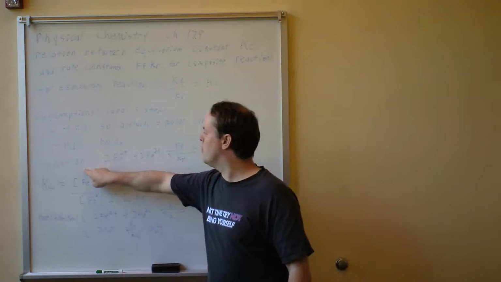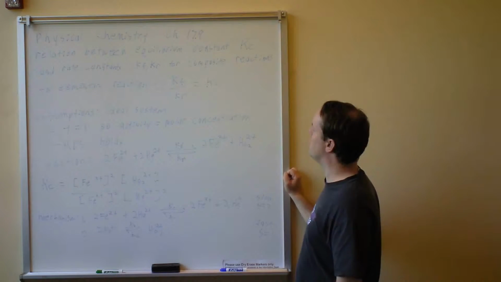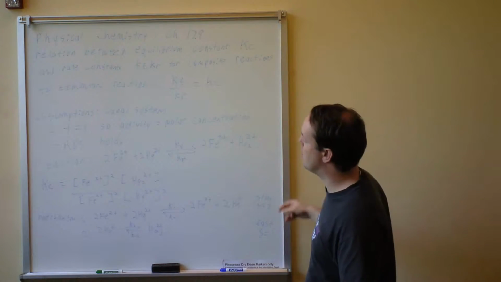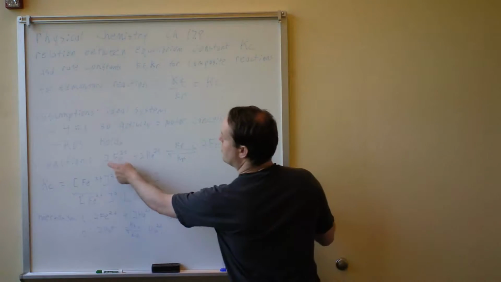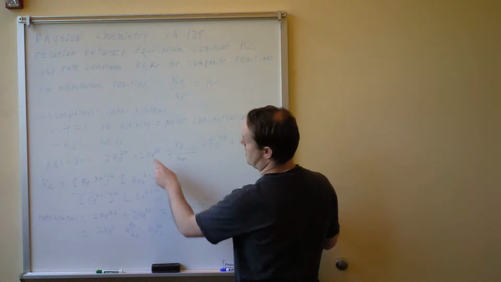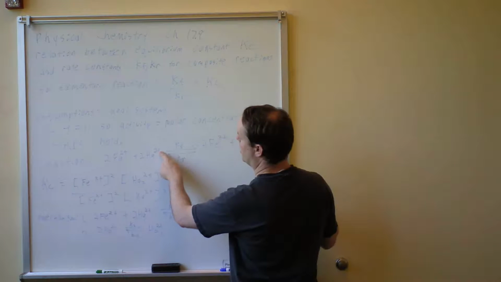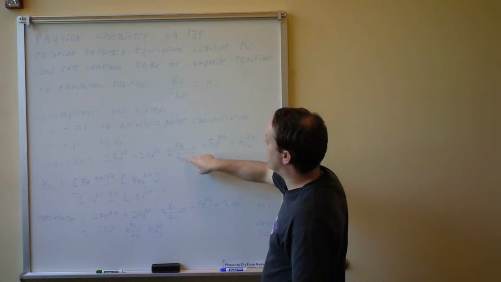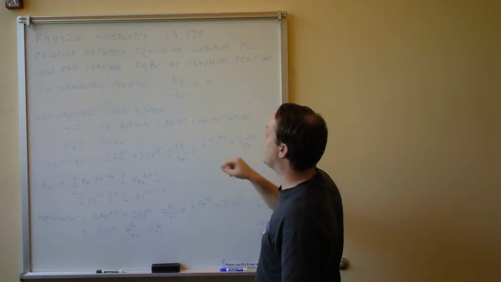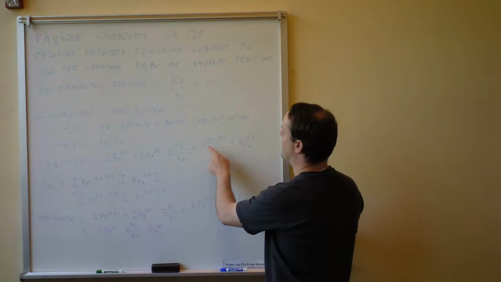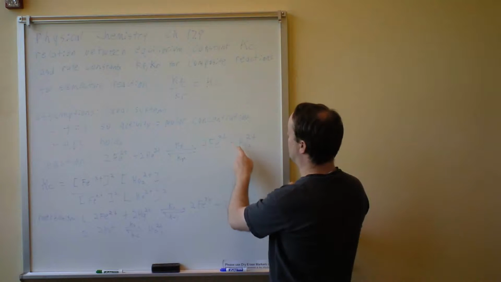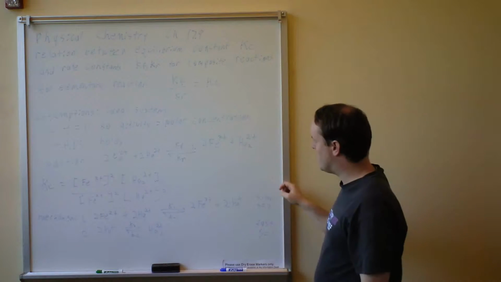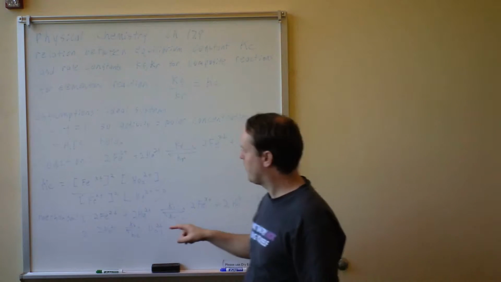Now let's look at this reaction as an example. This is a composite reaction that we're going to hopefully be able to analyze. So we have 2 Fe2+ ions plus 2 Hg2+ ions in equilibrium, with a forward rate constant and a reverse rate constant, with 2 Fe3+ and then just a diatomic Hg2 2+.